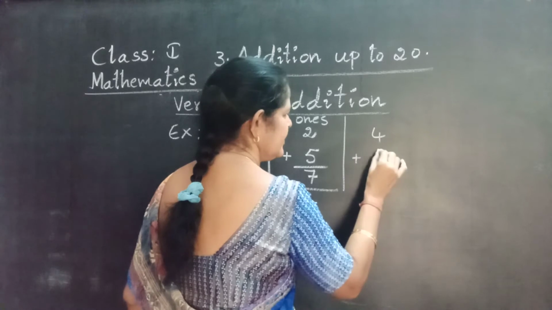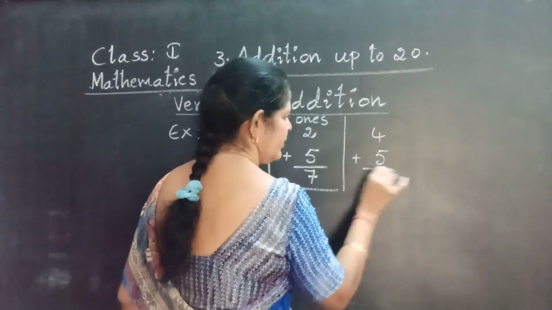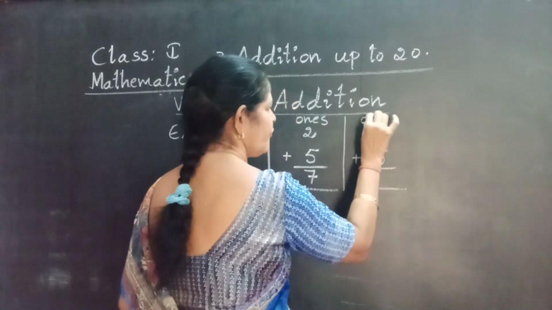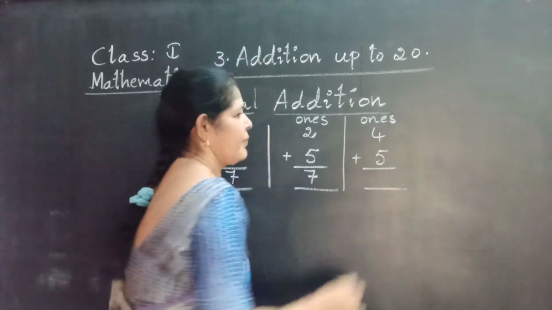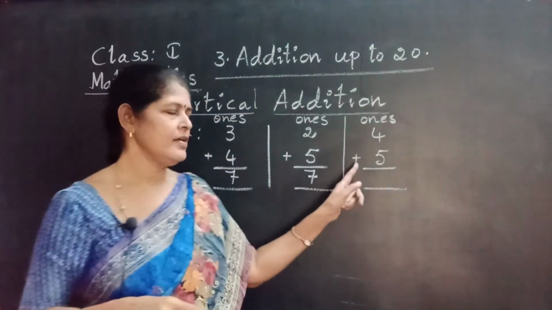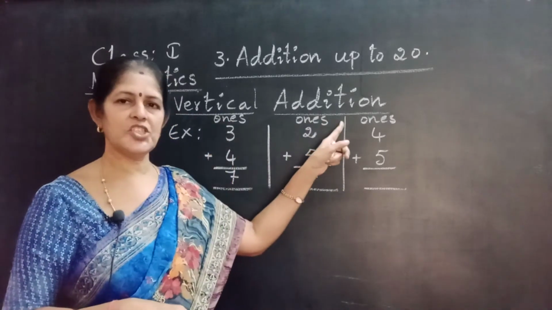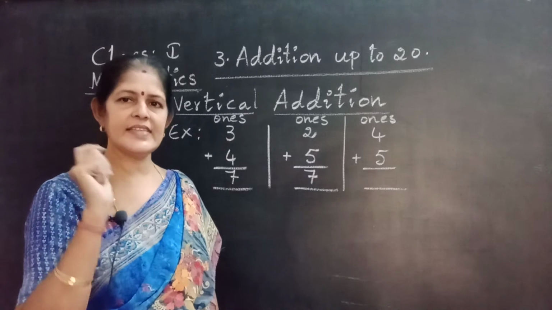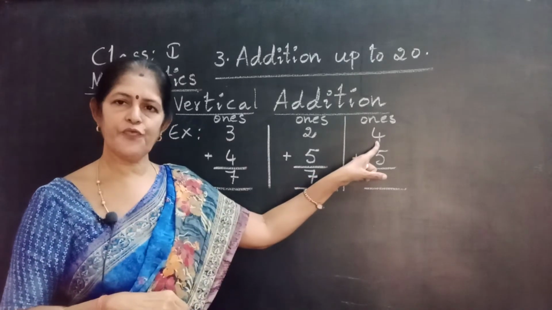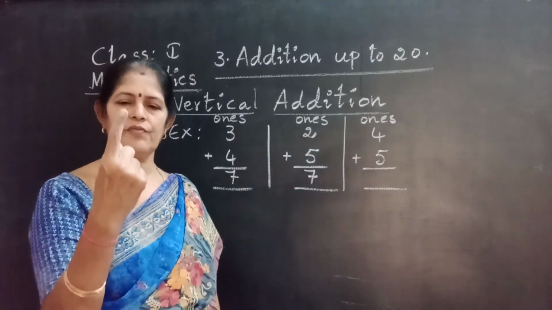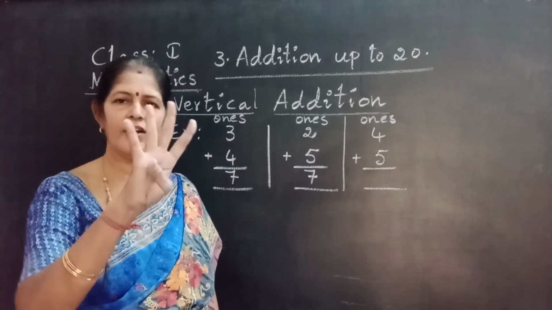4 plus 5. Two one-digit numbers. Plus is the symbol for addition. This is vertical addition of two one-digit numbers. The first number is 4. You take 4 fingers. 1, 2, 3, 4. Ready?